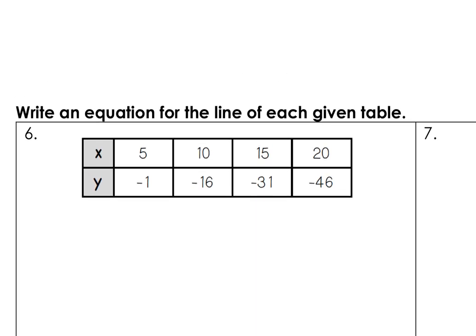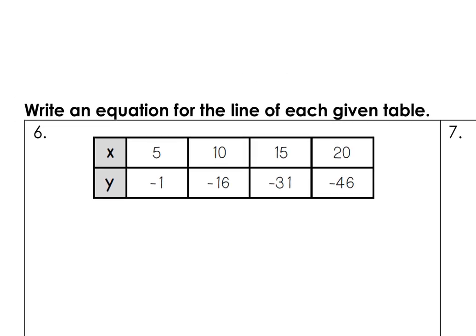You guys just want to use the first 2 points? Okay, great. So this first point is 5, negative 1. And then the second point is 10, negative 16. So now that I've pulled those points out, it's literally just like 4 and 5, where I gave you the 2 points. So the first thing we got to do is find that slope.